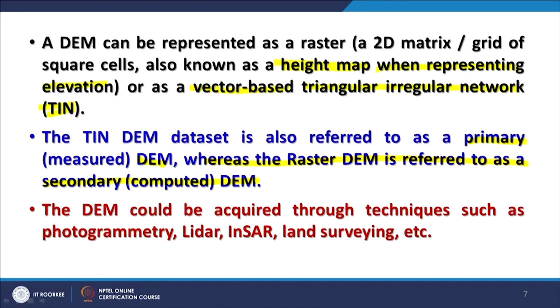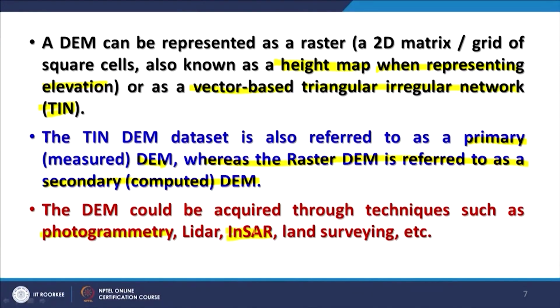And these DMs, as I already mentioned, are nowadays being prepared or developed using various techniques. Among them, of course, is the stereo pair technique, which implies the photogrammetry technique. Then the InSAR technique is another one. InSAR stands for SAR interferometry, and SAR stands for synthetic aperture radar.